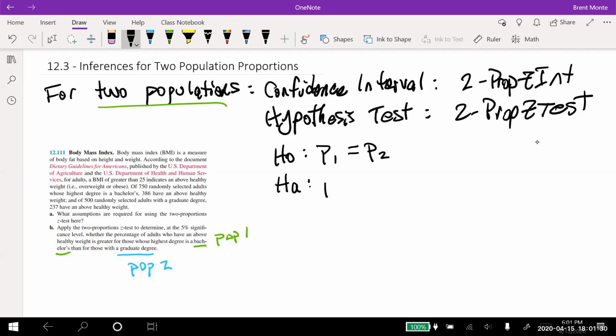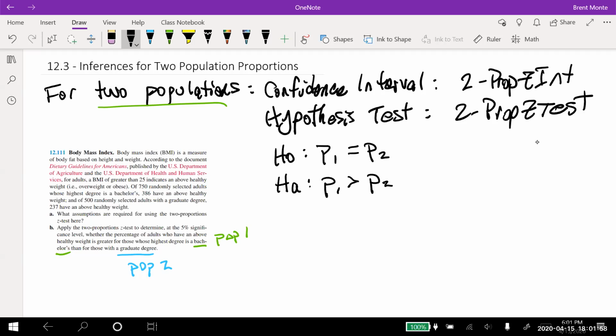And the alternative, when I've got P1 and P2, well, let's read whether the percentage of adults with an above healthy weight is greater for those with bachelors. So the greater than is going to go that way. Bachelors is greater than the people with the masters. I said masters, but it's any graduate degree apparently. So master's, PhD, whatever you have that's above a bachelor's, if you do have such a thing.